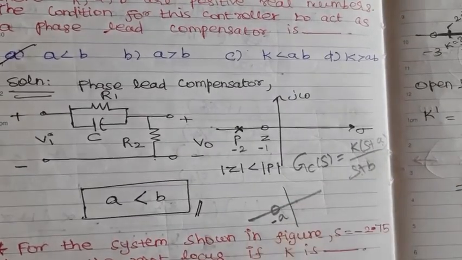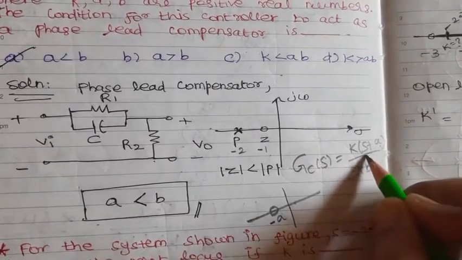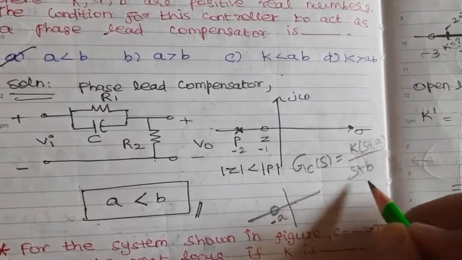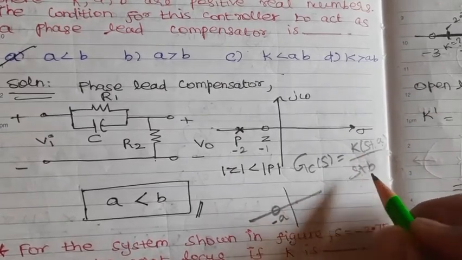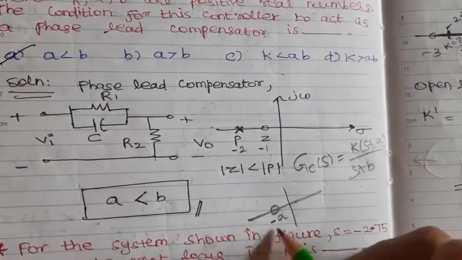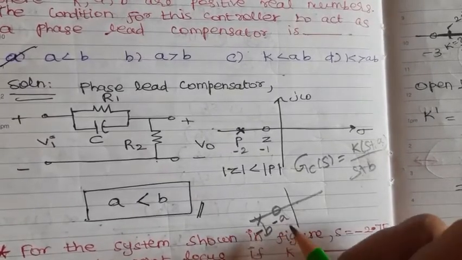Minus B may be before or after. Say it is a pole location. The numerator term represents the location of zero, the denominator represents the location of poles. So at S equal to minus A we will have 1 zero. Then at S is equal to minus B we have 1 pole.